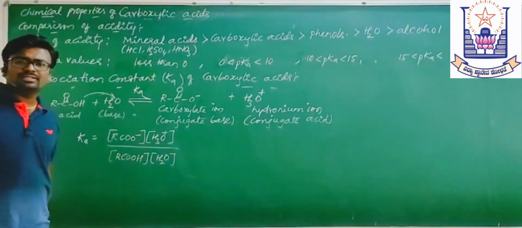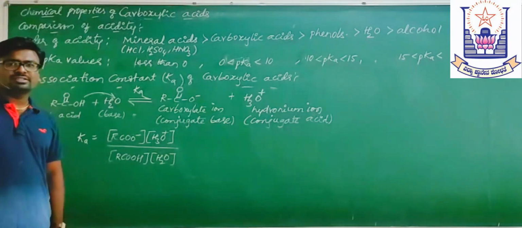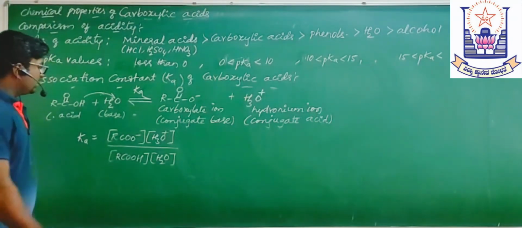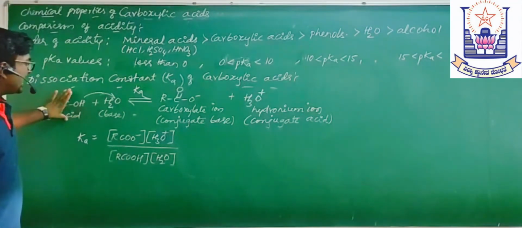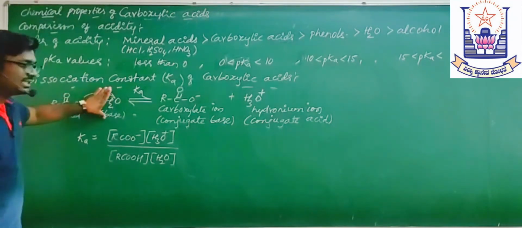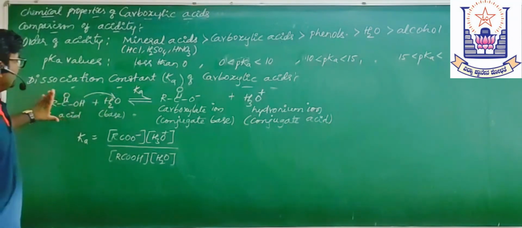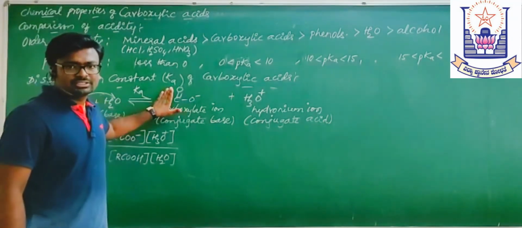For pure solvents, the concentration is equal to unity. The carboxylic acid is more acidic than water, and water is acting as a base, so the acid readily donates the proton and becomes the carboxylate ion.